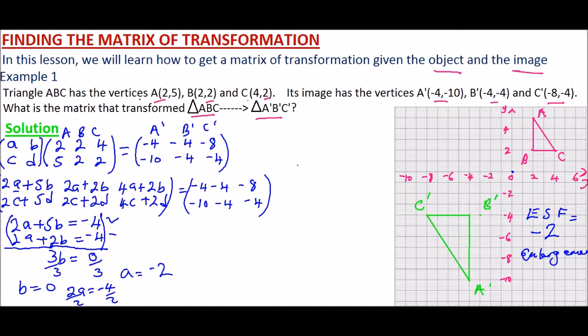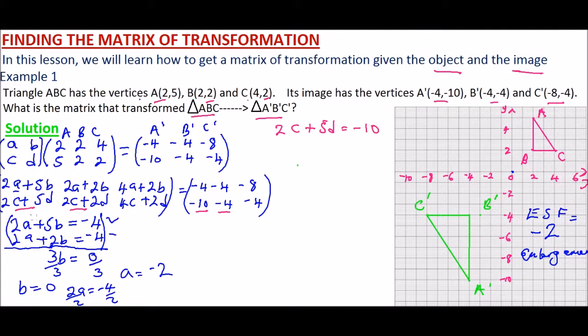So let's go ahead and work the same way to get the values of c and d. Just like we have done with a and b, we equate this expression to the corresponding element. So we say 2c plus 5d is equal to minus 10.